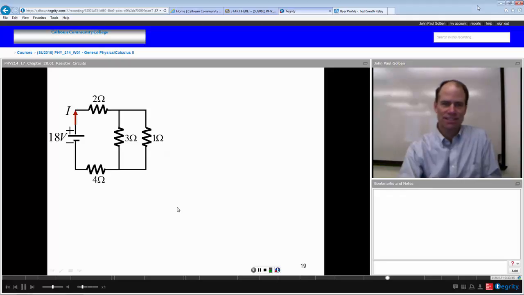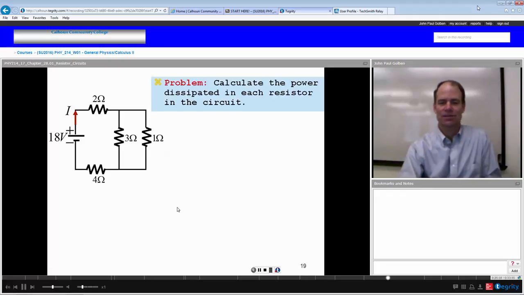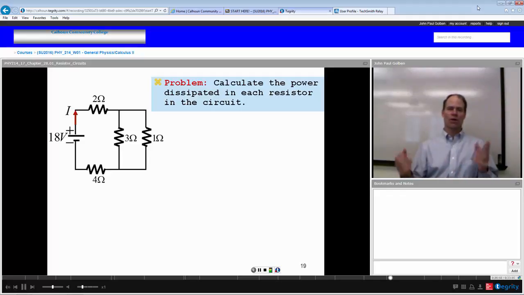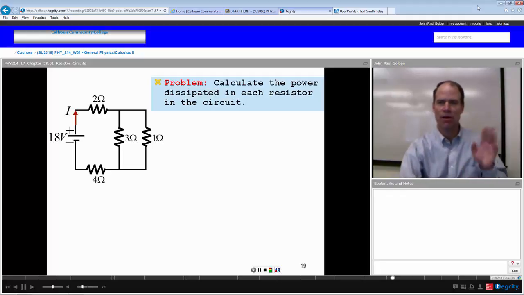Let's try these things out in a circuit. Here's our problem. Calculate the power dissipated in each resistor in this circuit. We have an 18 volt battery, we have 4 resistors, 2 of them are in parallel, but we have 1, 2, 3, and 4 ohm resistors. We want to calculate the power dissipated in each resistor.